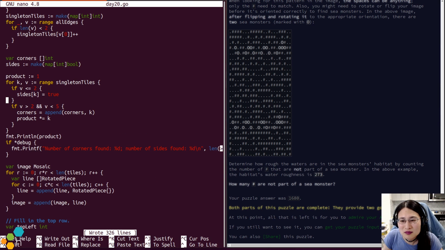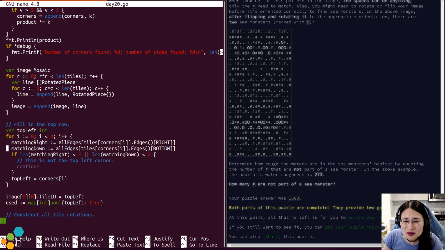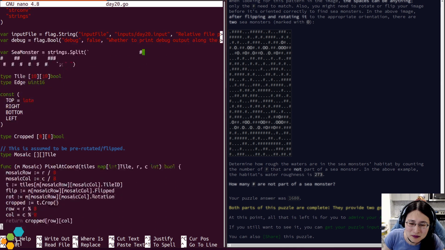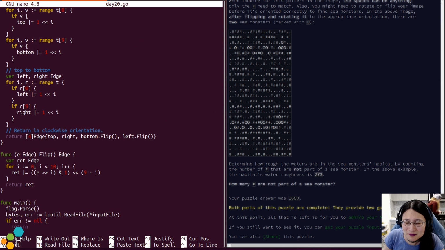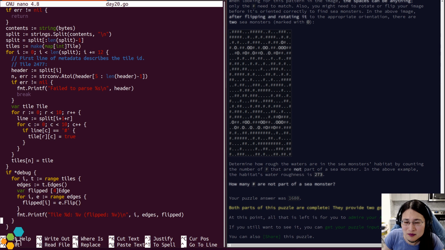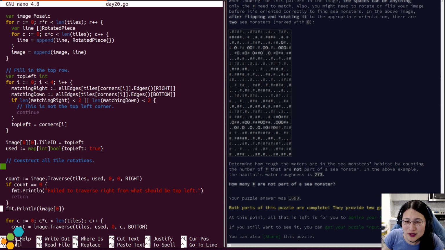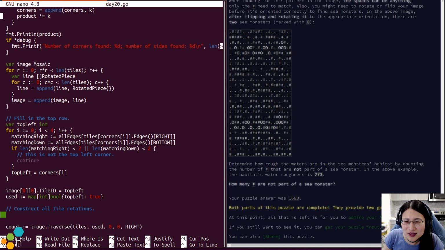So... Oh, we no longer have a notion of a rotated piece either. Instead, a mosaic is just a collection of tiles now. Okay. Where were we? We were here. We were constructing the mosaic.